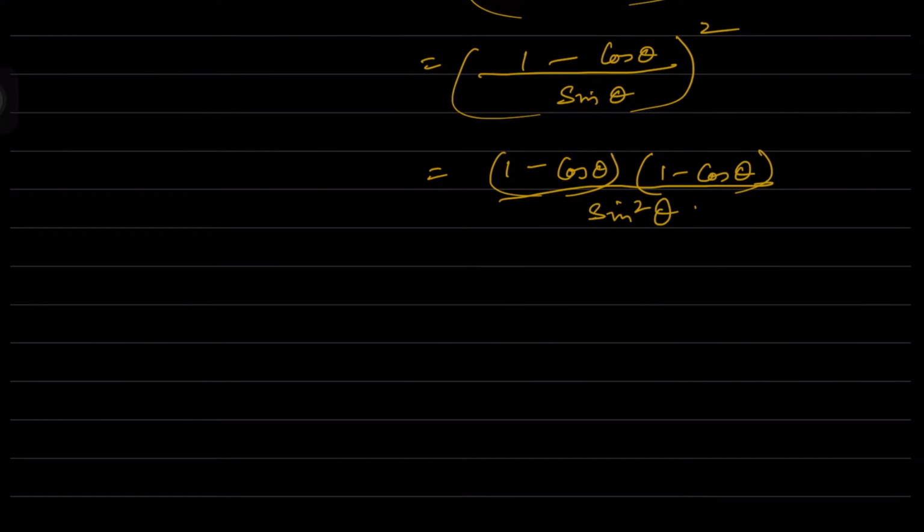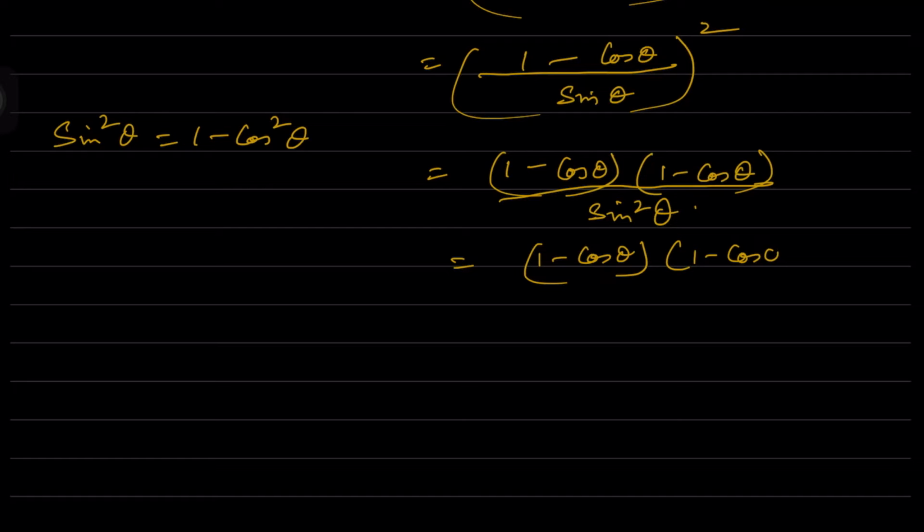You know that sine square theta can be written as 1 minus cos square theta. So this is 1 minus cos theta into 1 minus cos theta divided by 1 minus cos square theta.